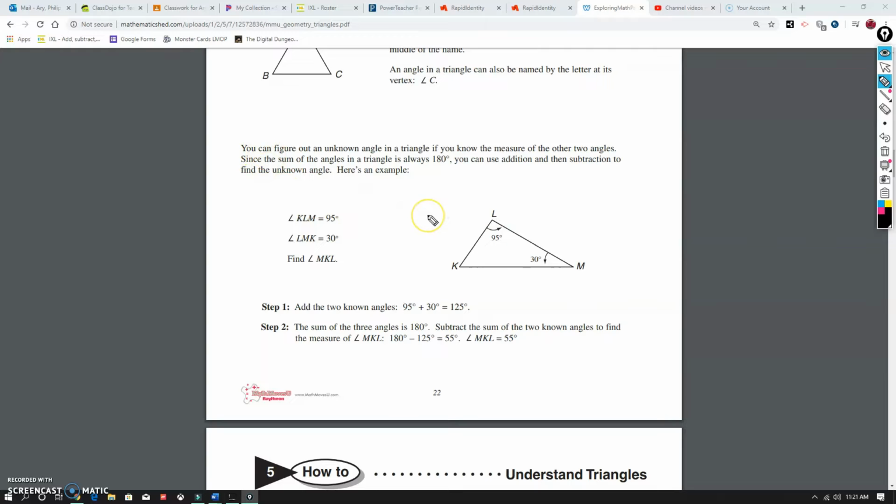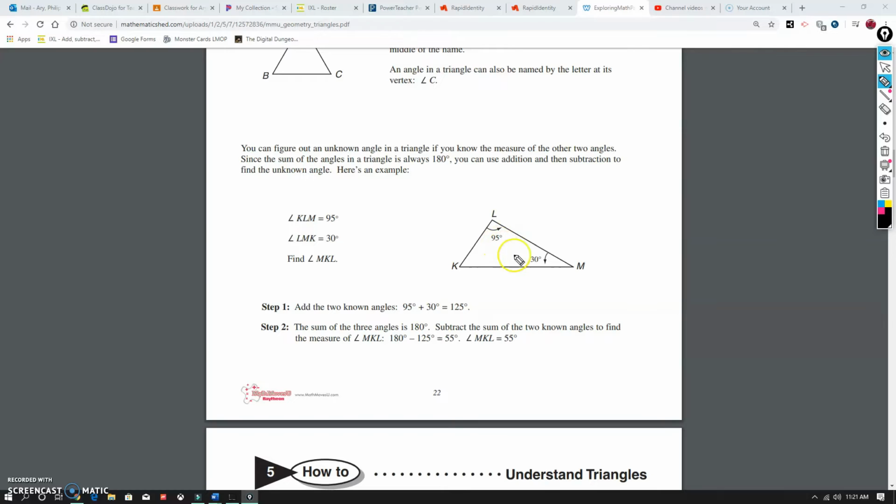You can figure out an unknown angle in a triangle if you know the measure of the other 2 angles. The sum of all the angles in a triangle is 180 degrees. You can use addition and subtraction to find the unknown angle. So this angle plus this angle plus this angle has to equal 180 degrees. If we know 2 of the angles, we can figure out the third.